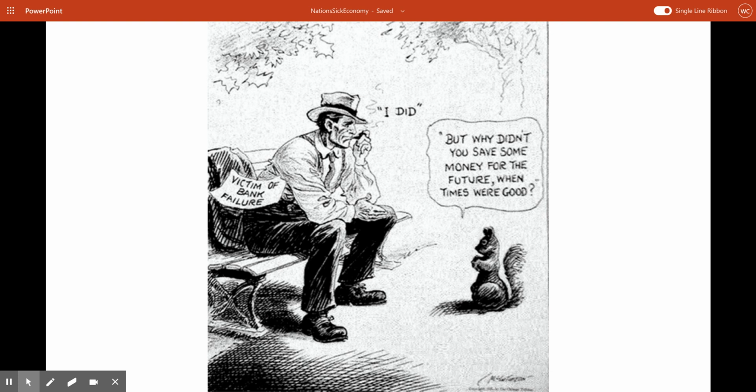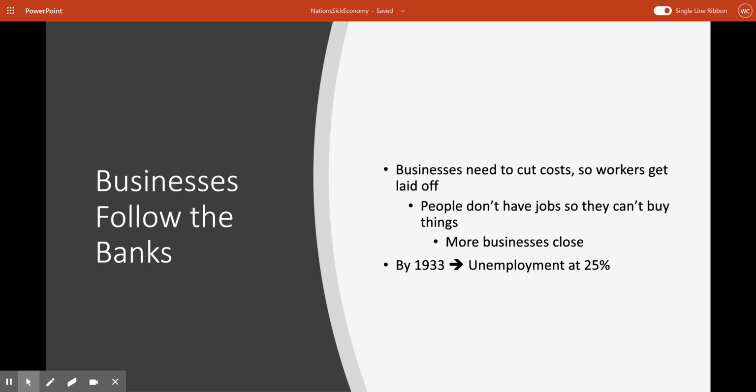And to make things even worse, when banks start to close and go out of business, other businesses start to follow and they start to fail or cut back. Businesses, if you aren't aware, rely on banks basically to be able to operate.